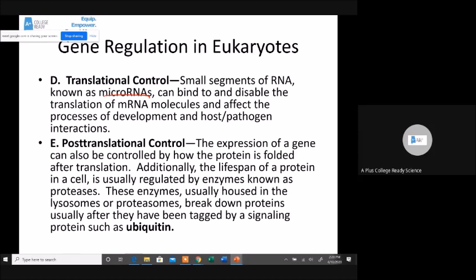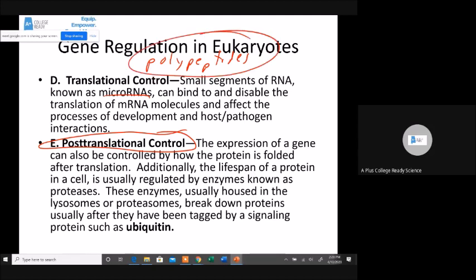One final way that gene regulation in eukaryotes happens is through post-translational control. Remember, translation is the process of building polypeptide chains of amino acids. Most proteins are made of multiple polypeptides that wrap together in some three-dimensional shape. That wrapping and shaping happens in post-translational control.